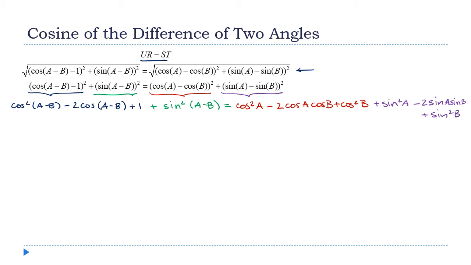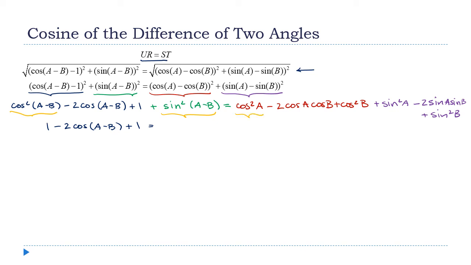Okay, now it's going to clean up pretty quickly at this point. Notice a couple of things. I have cosine squared (A minus B) plus sine squared (A minus B). That's 1, that's our first Pythagorean identity. So this side becomes 1 minus 2 cosine (A minus B) plus 1. I'm going to do very similar things on the right side.